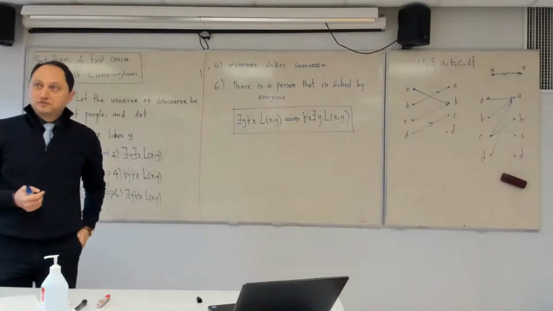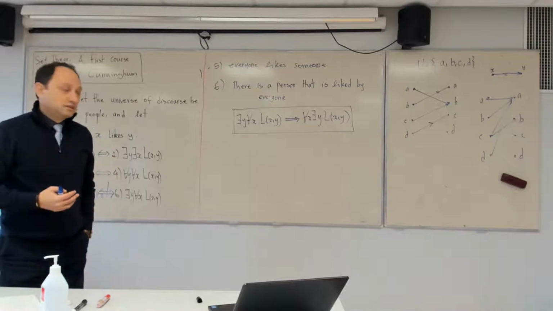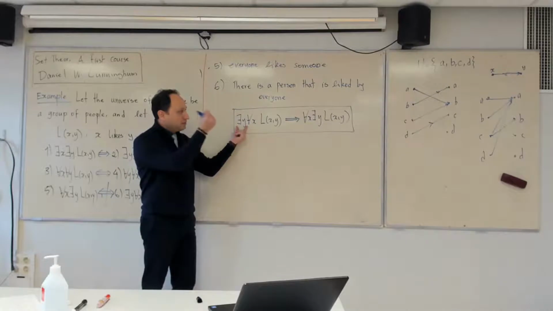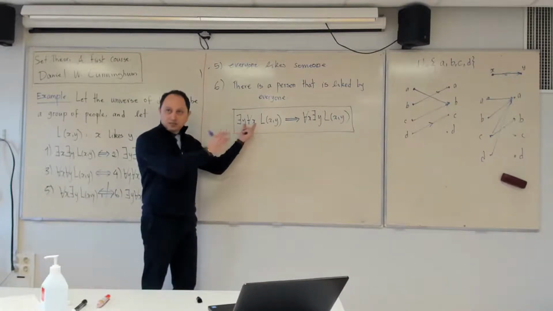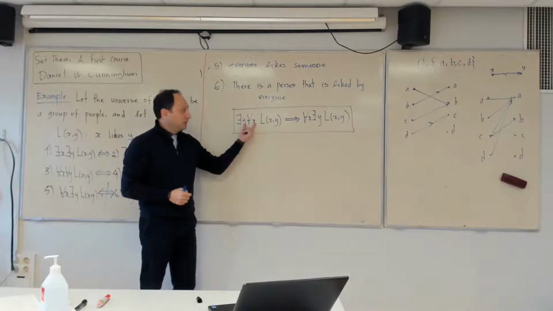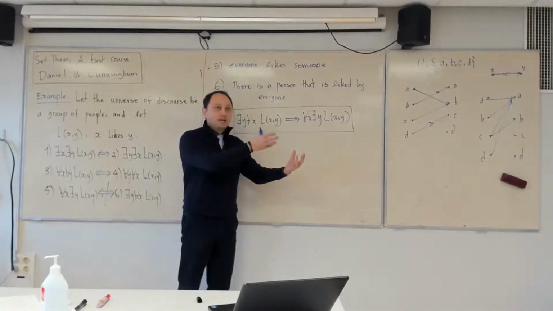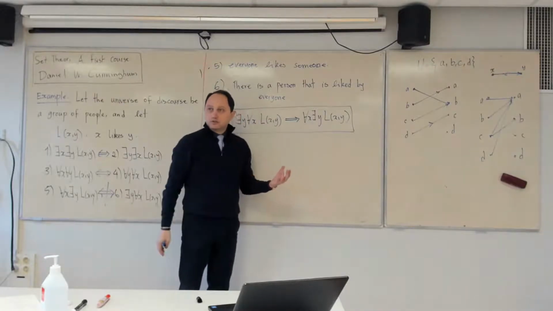Is that understandable? Or confusing? Understandable. Yeah, I think it's understandable. This tells you that there is one particular person that everyone likes. This tells you that if you choose one person, you can find someone who is liked by this person.